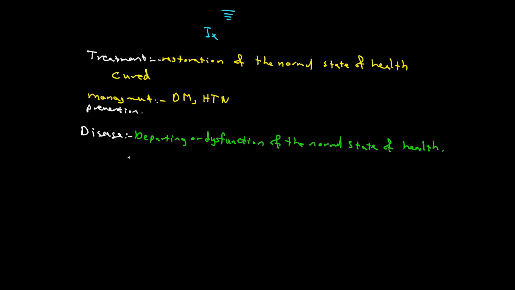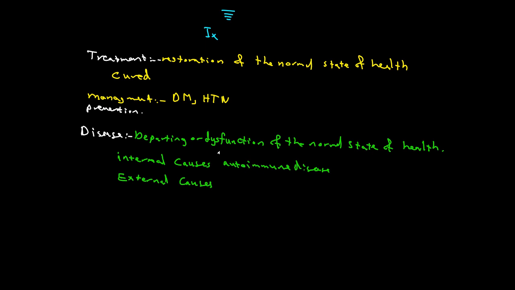But in general, there can be a simple classification in order to understand disease: internal causes and external causes. Internal causes would be like autoimmune disease, which is due to a dysfunction in the normal immune system, resulting in the body starting to attack itself.